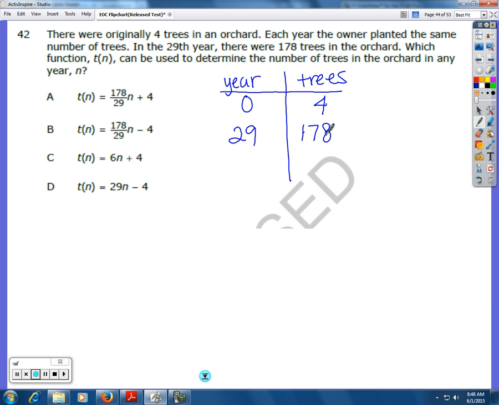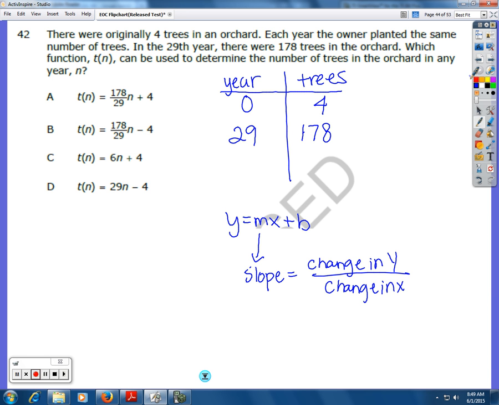All right, so which can be used to determine the number of trees. So each of these equations over here is in y equals mx plus b form. So we want to figure out what m is and what b is. Okay, we know that the slope, m, is the change in y divided by the change in x.